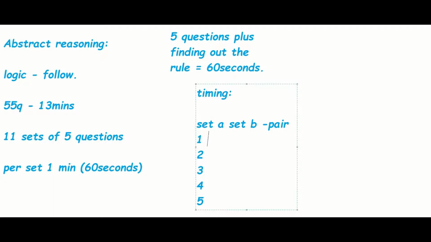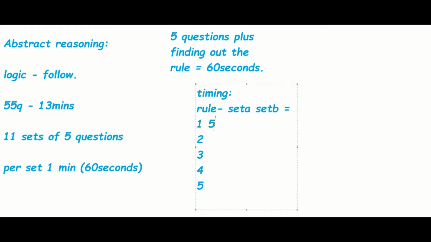And then you have a rule to set A and set B. So you have 3 components to time: the rule, the set, which technically are together. Actually, let's put them into 2 perspectives, to make it even easier: the rule and the questions.